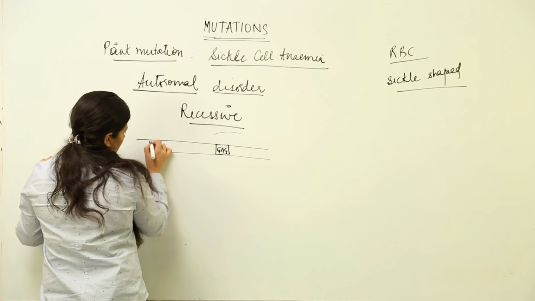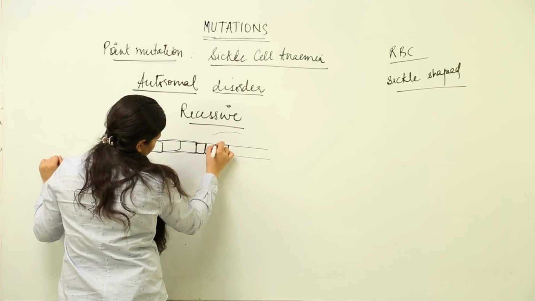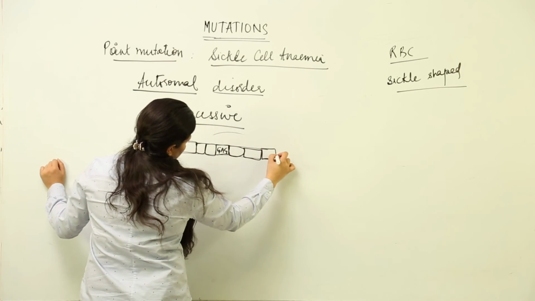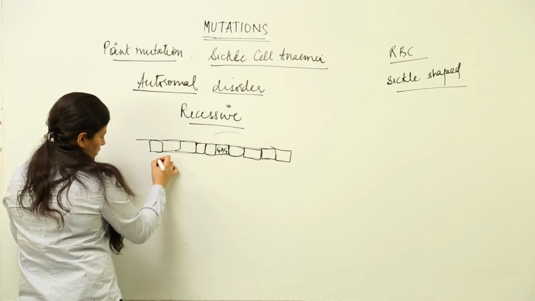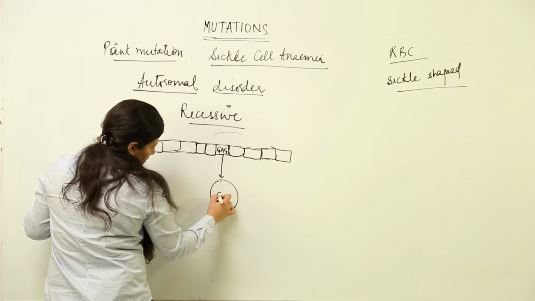These are positions 1, 2, 3, 4, 5, 6, 7 and so on. It's a big protein, many amino acids would be involved. It gives rise to glutamic acid over here.